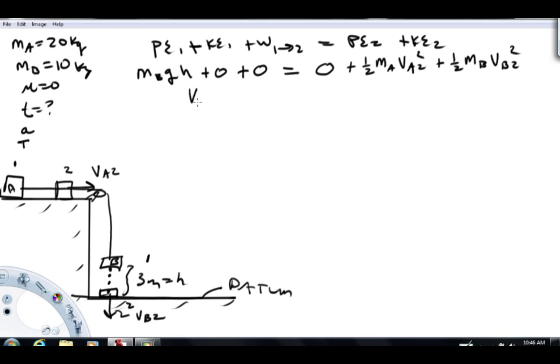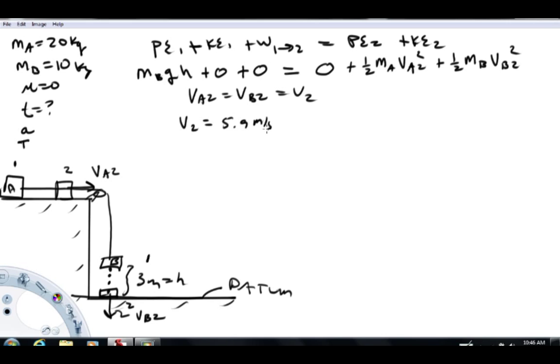So I'm going to take note that VA2 is the same as VB2, and I'm just going to call that V2. If we put the numbers into this equation and solve for V2, I get 5.9 meters per second. So mass B is going to hit the ground traveling at about 5.9 meters per second.